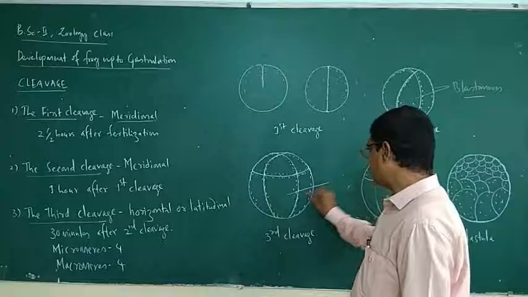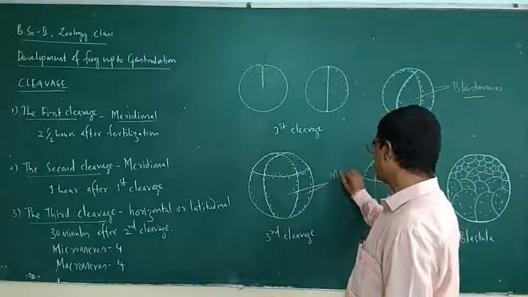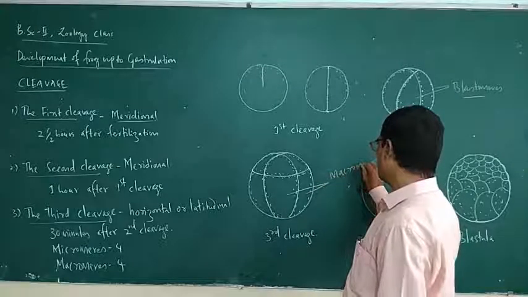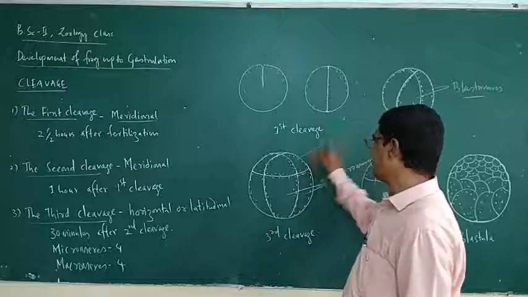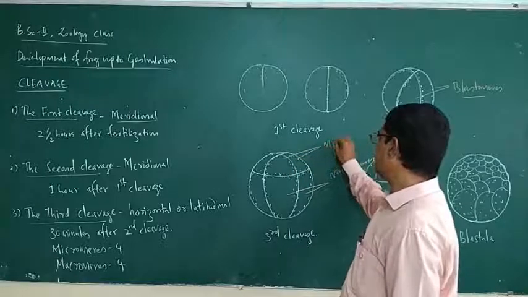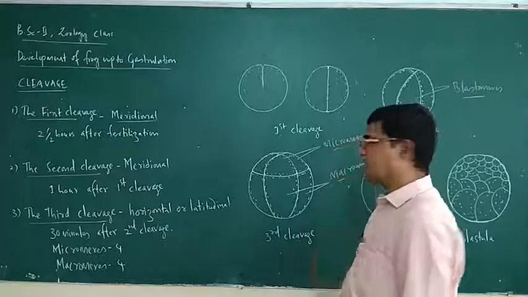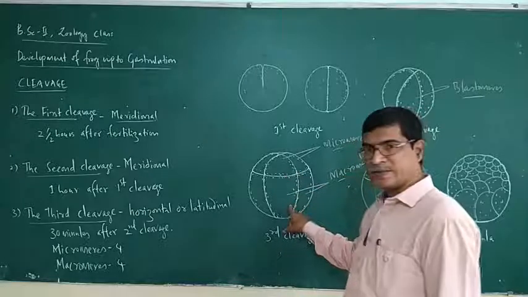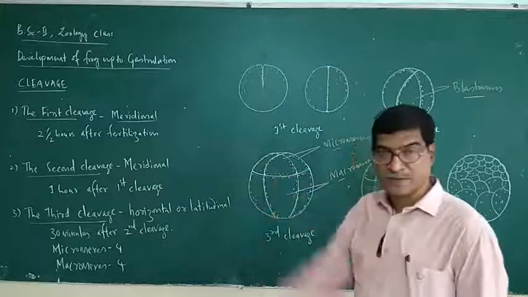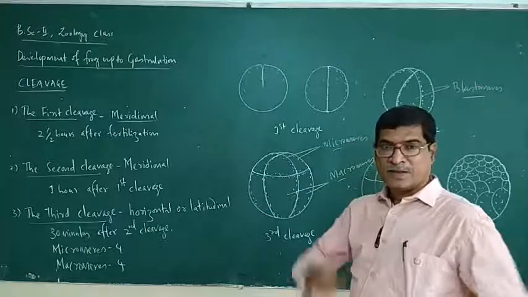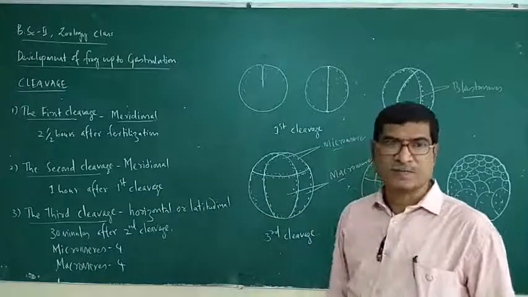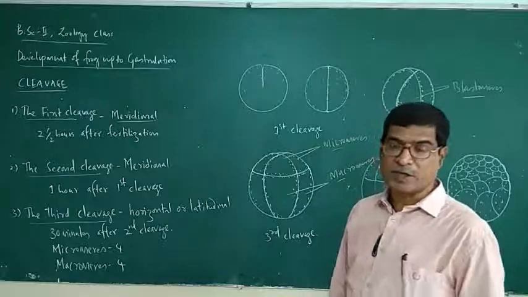The smaller cells are called micromeres, and the larger cells are called macromeres. So third cleavage onwards, unequal division occurs. Unequal holoblastic cleavage occurs.